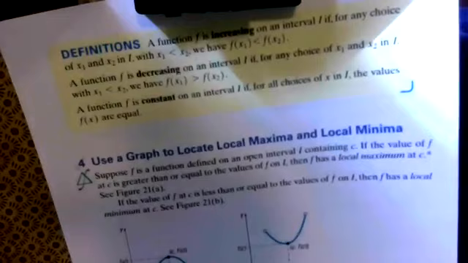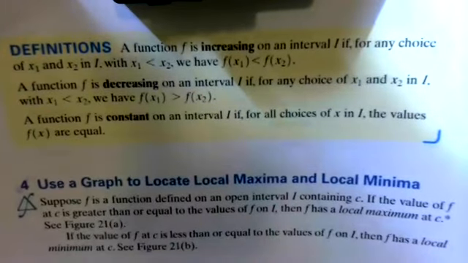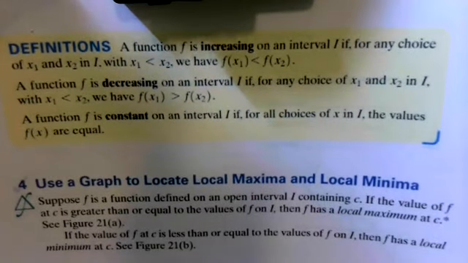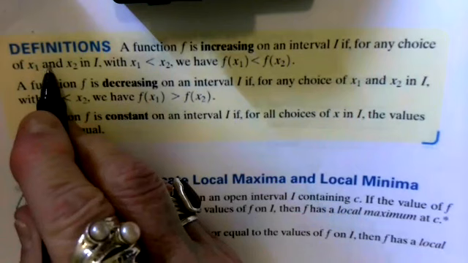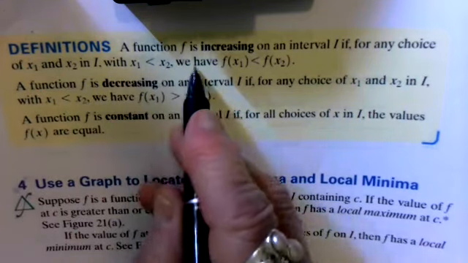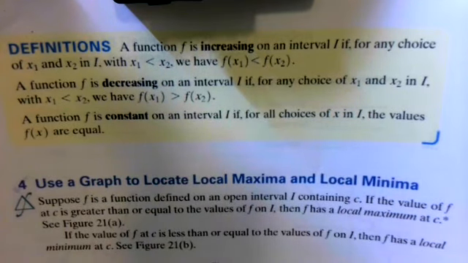Okay, so here we go. A function is increasing on an interval I if for any choice of x1 and x2 in I with x1 less than x2, we have f of x1 is less than f of x2.